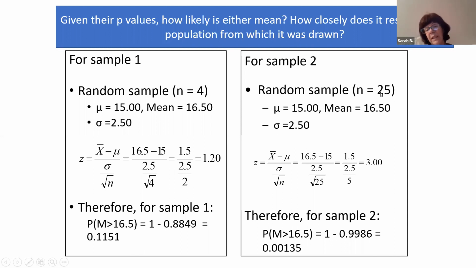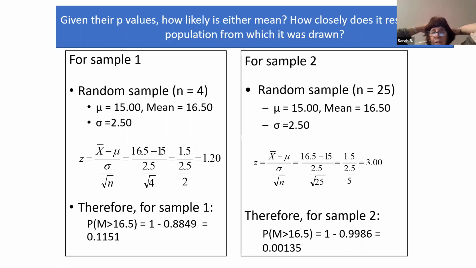You look at the other one, where you've got a lot more people, and your mean is 16.5, but with 25 people that's at a z-score of 3. So you ask, how unlikely is that? Less than 1% of the population would have a z-score in that range, above 16.5, when you have a sample this large. That's quite unusual, and it's above the 99th percentile.